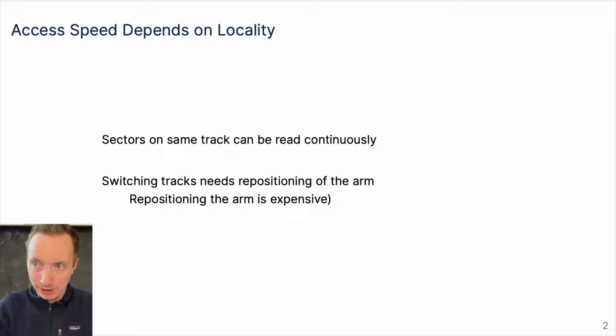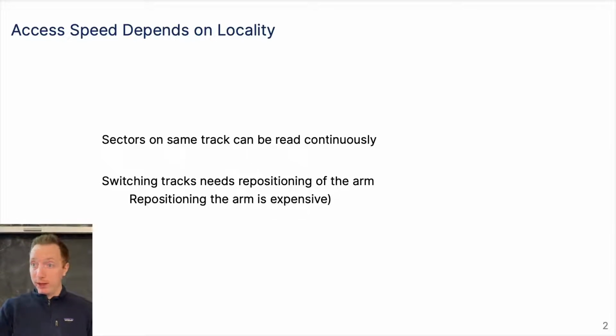So if you have sectors on the same track, you can read them continuously, so you don't have to move the head at all. You're just reading the subsequent sector. So you essentially get it for free if it's already rotating anyways. So the magnetic head just goes and it can constantly read things, and it can actually do that fairly fast.